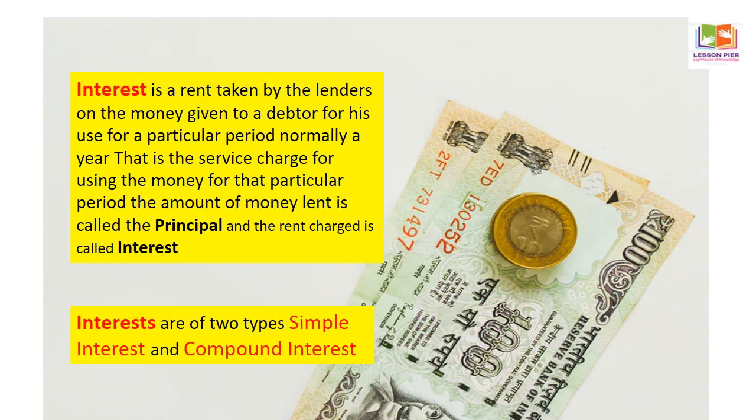The amount of money lent is called principal and the rent charged is called interest. Generally, interest is of two types, simple interest and compound interest. We generally don't deal with simple interest in finance because practically we are always dealing with compound interest. But in the next lecture, I am going to explain it for your knowledge purposes.